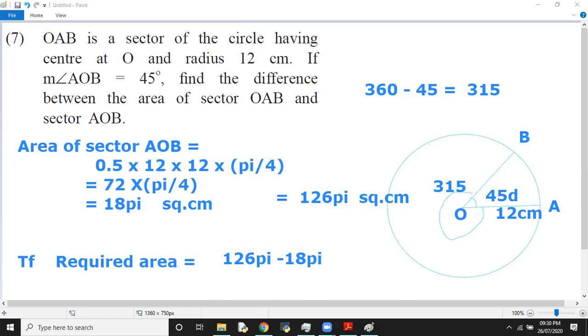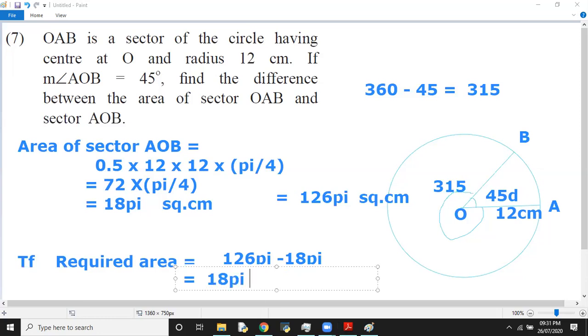This is equal to 126 pi. Pi is common here. 18, can I take 18 as common? Divisible by 9, sum is 3, 3 plus 9. Okay, it is divisible by 9. Divisible by 2 also. Okay, I will take pi.